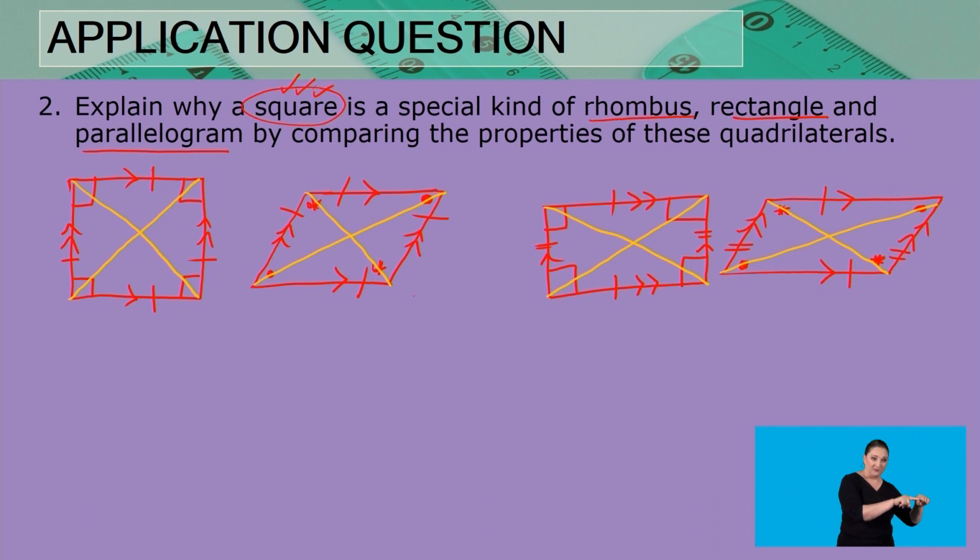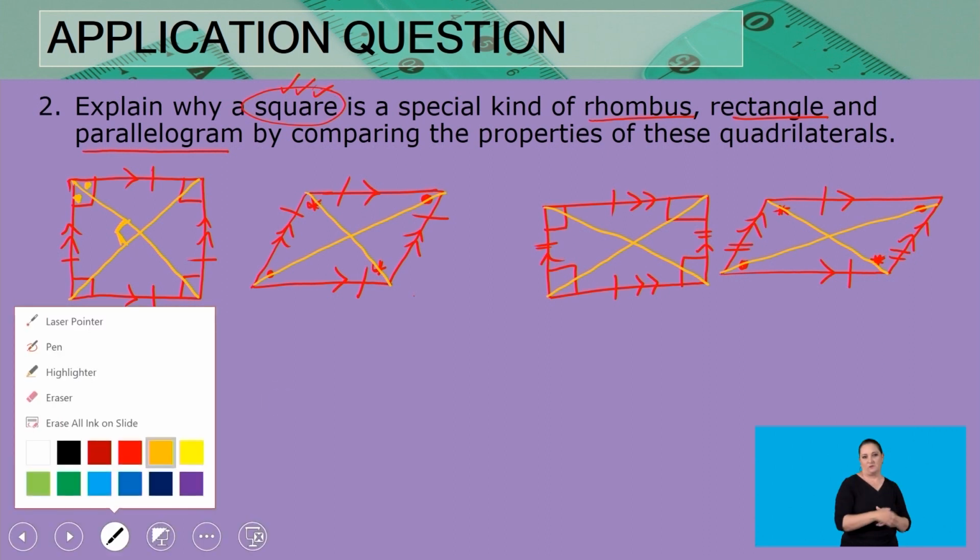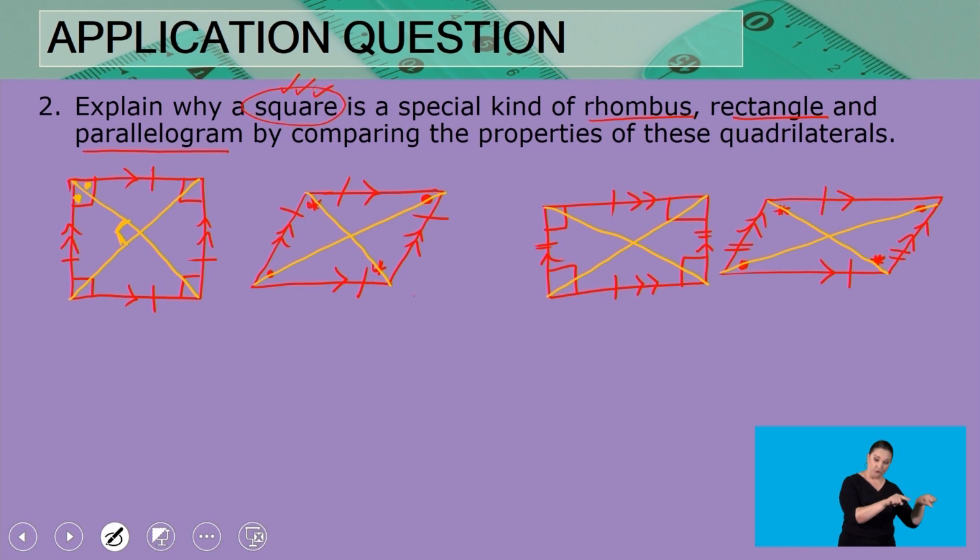The diagonals are equal. But what makes a square different or special compared to a rectangle? It's because the diagonals meet at 90 degrees and they bisect the angles as well. So those are the properties of a square. It has two pairs of opposite sides that are equal, two pairs of opposite sides that are parallel.